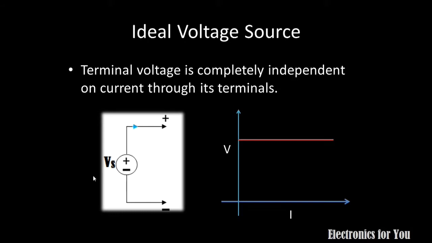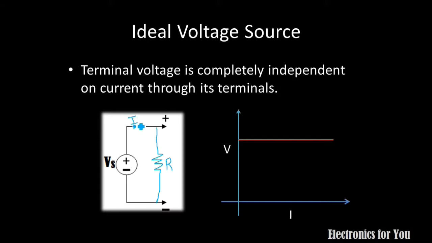So practically, if we are applying some voltage, this is the symbol for the ideal voltage source. Here you can see the plus and minus sign along with the battery. Now if we connect some resistance here, then definitely the current will start flowing through this resistance.